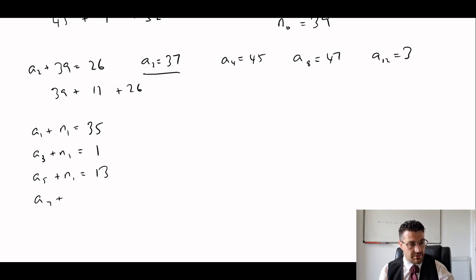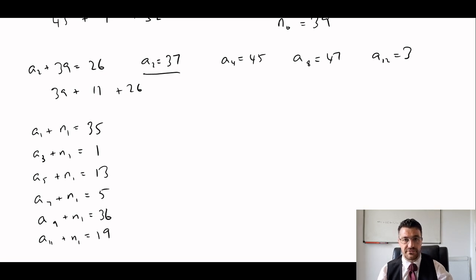A7 plus N1 is equal to 5. A9 plus N1 is equal to 36, and A11 plus N1 is equal to 19. Now, we don't get any of the repetitions. We shouldn't expect any repetitions in this case.